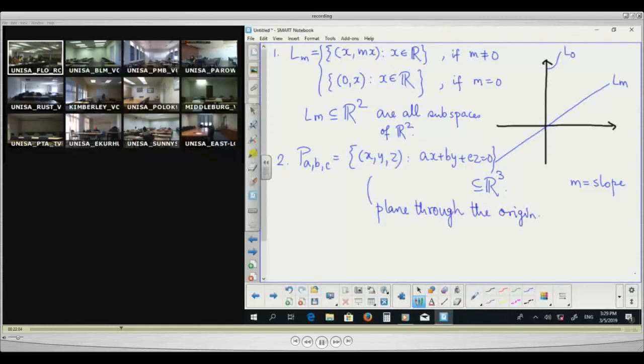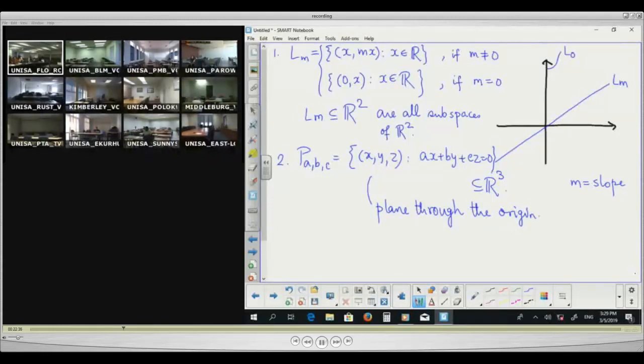With the positive x-axis, the angle that this plane makes is cos inverse of a, and so on. So remember the direction cosines for a plane.